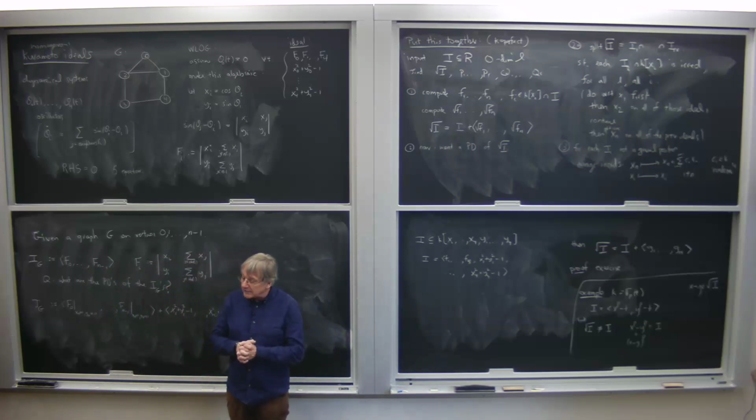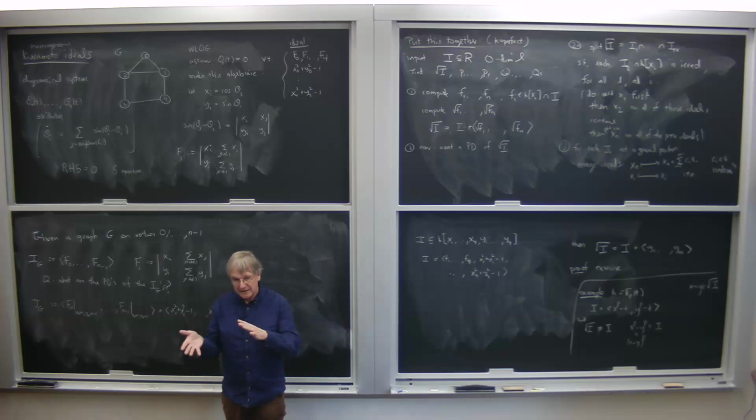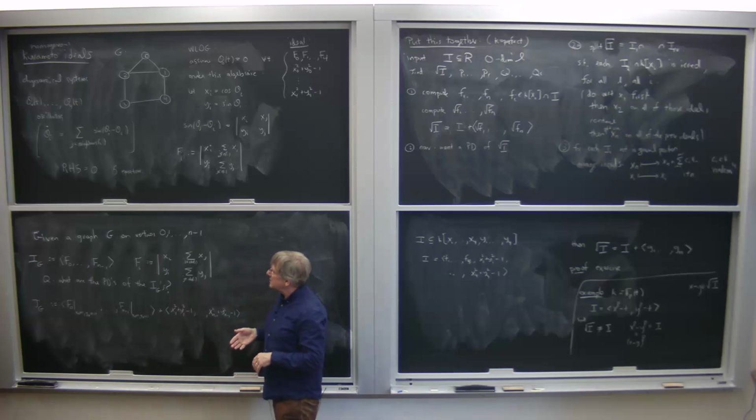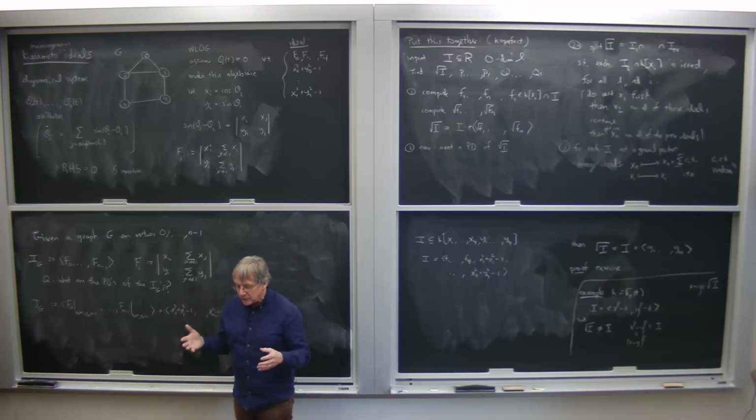It's negative definite only at the point where all the cosines are 1 and all the sines are 0. That's the angles being zero, which means they're all in sync. You've subtracted them, so they're all doing the same thing completely in sync. And there's a theorem that says that if you have enough edges in your graph, then the only solution is the synchronized solution.